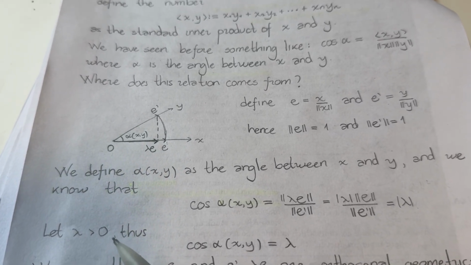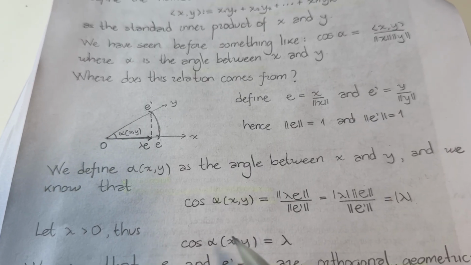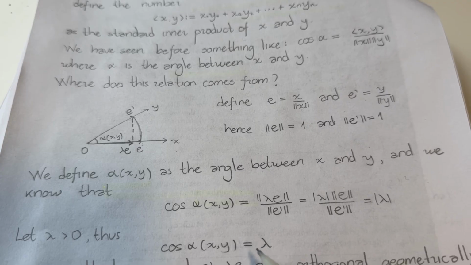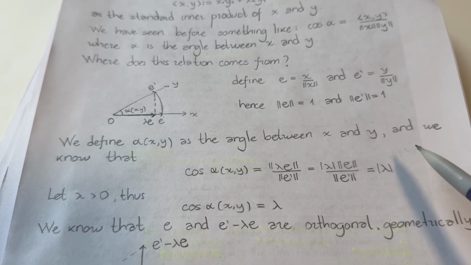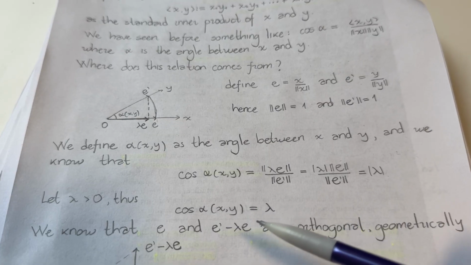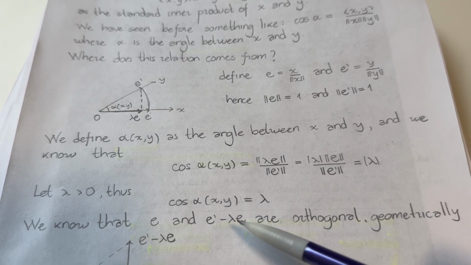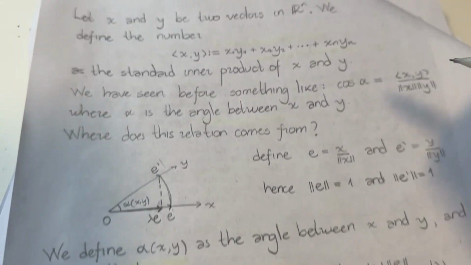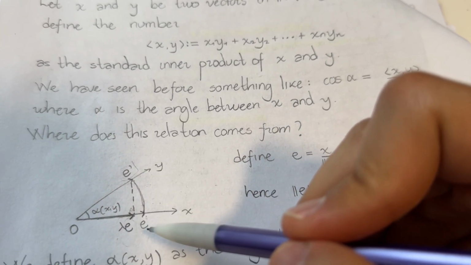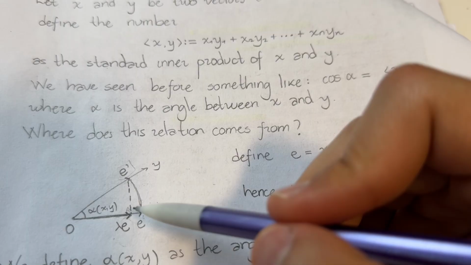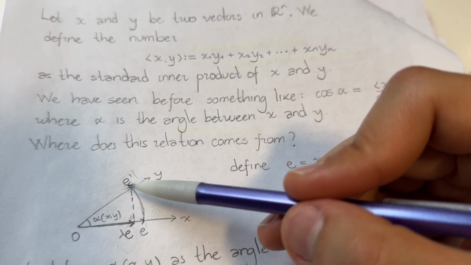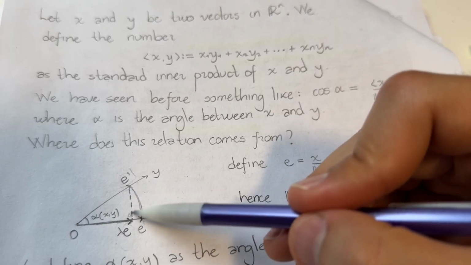And if we define lambda to be positive, then cosine alpha is equal to lambda. But we also know that, by the way we constructed it, lambda E is a scalar multiple of E, so lambda E is parallel to E. And we define E prime minus lambda E to be this vector.